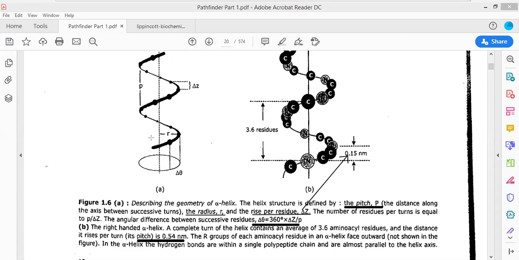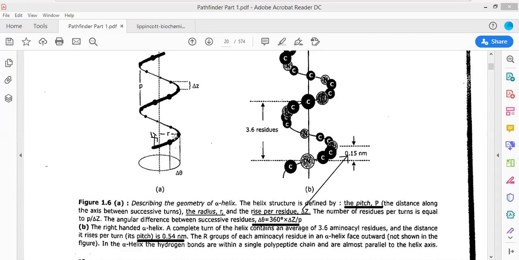Supposing you are the person who is standing here. What you are going to see is how much of this revolving ladder is going to rotate with regard to each atom in the amino acid.